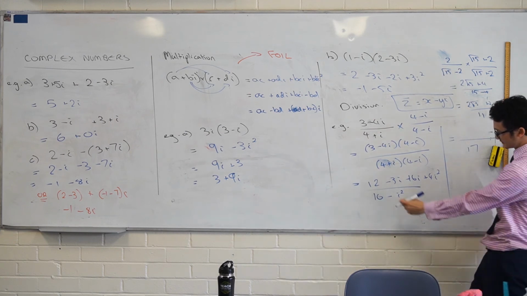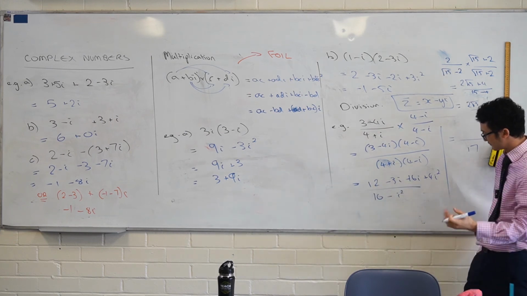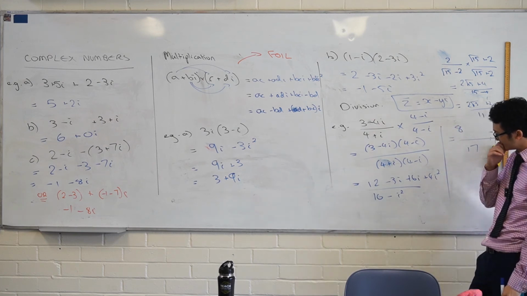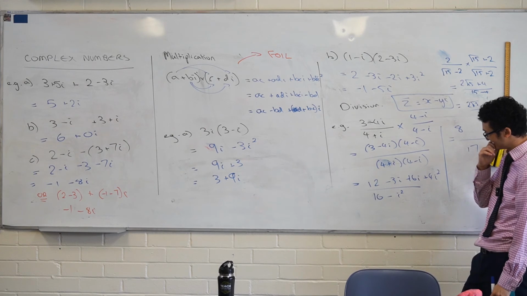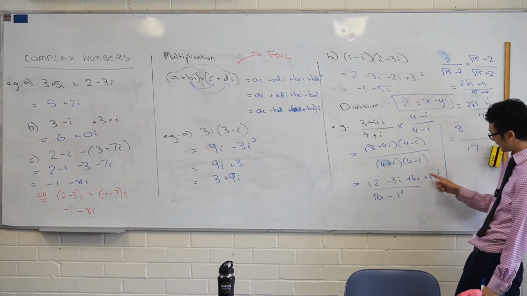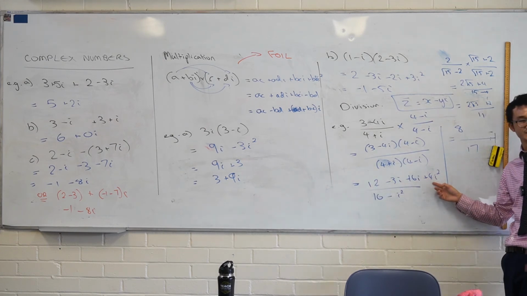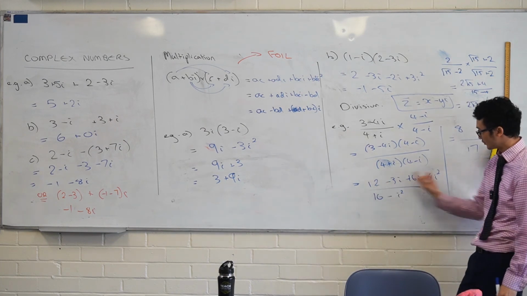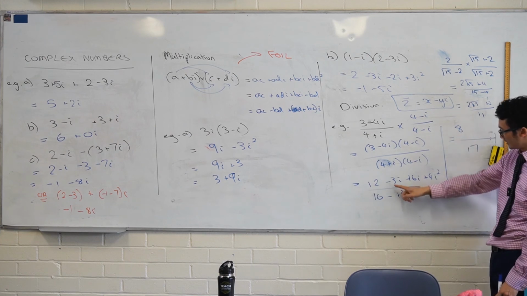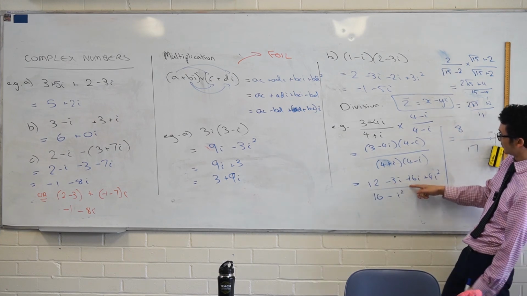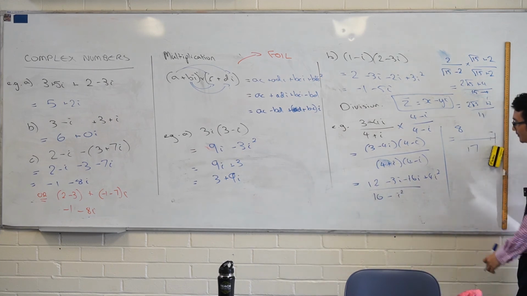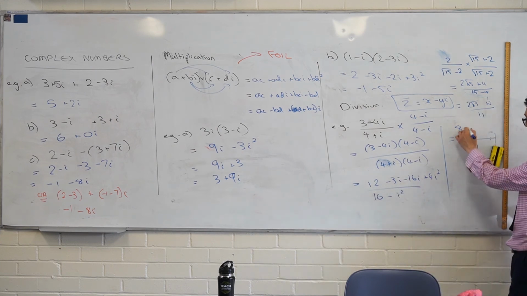So 8 minus 3i, 8 plus 3i. Yeah, so we've got 12, and then 4i squared we can think of as minus 4, right? Because i squared is negative 1. So we get 12 minus 4, which is 8, and we've got minus 3i minus 16i, which becomes minus 19i.